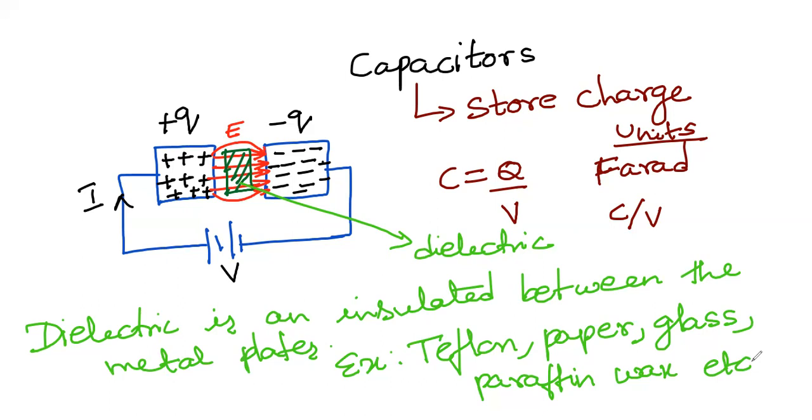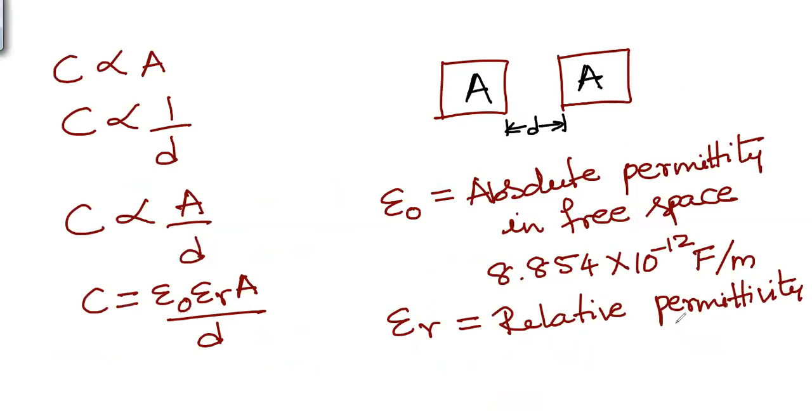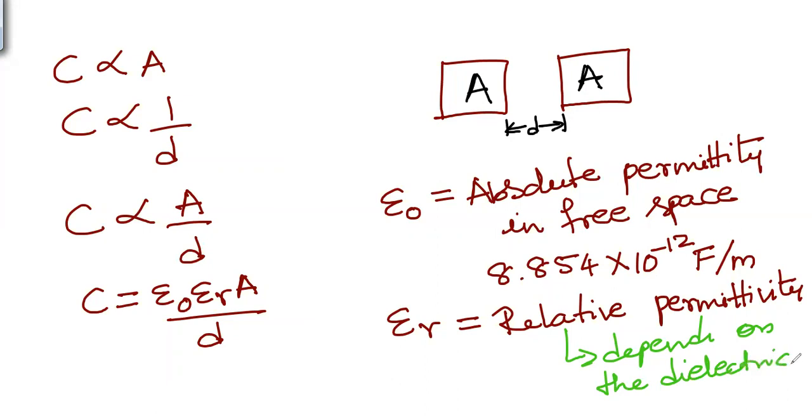So depending on what sort of insulator is present between the plates, the value of relative permittivity varies. So relative permittivity value depends on the dielectric. So this is a very important expression for a capacitor.